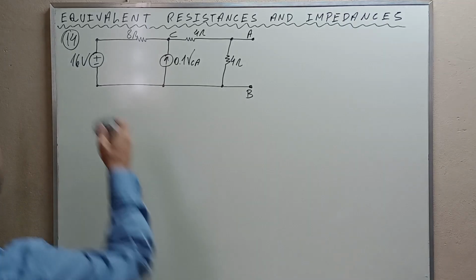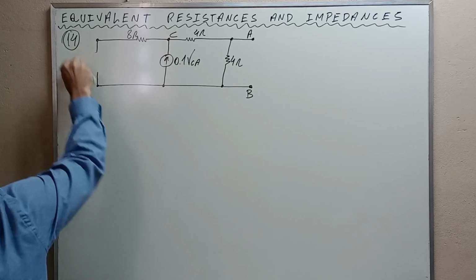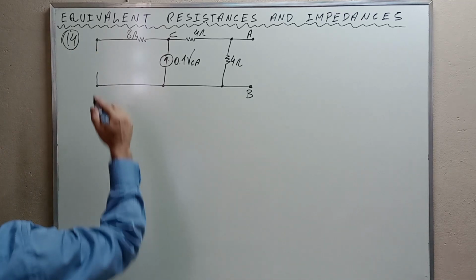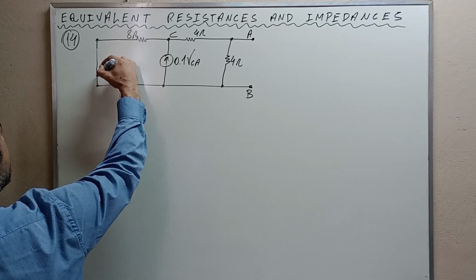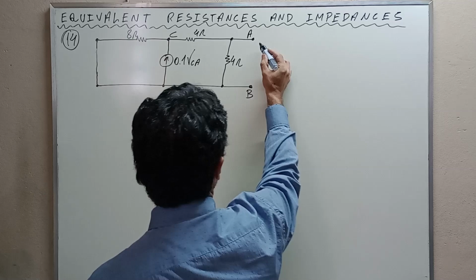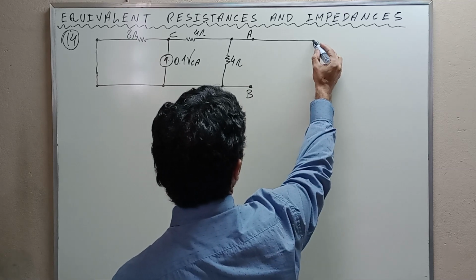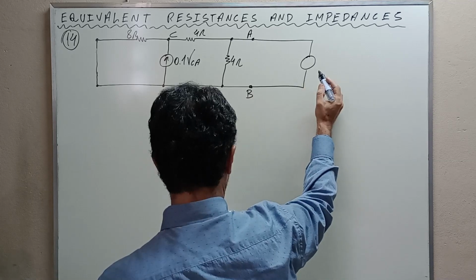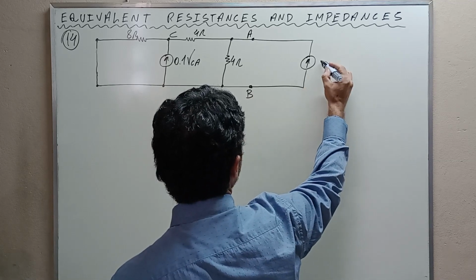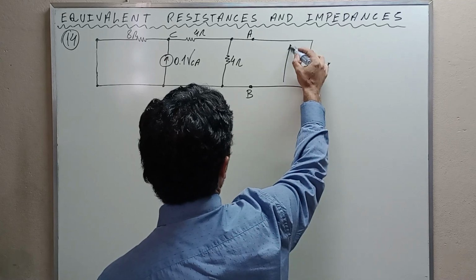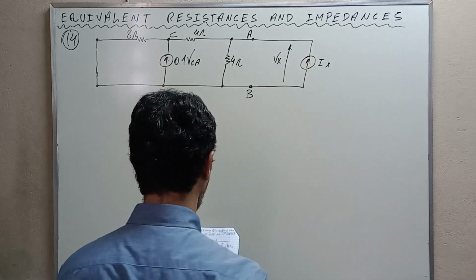The voltage source will be set to 0. That is, we will replace this by a short circuit, and here we will use an auxiliary source. And the voltage here will be Vx.